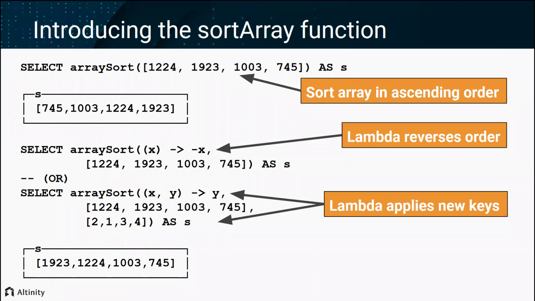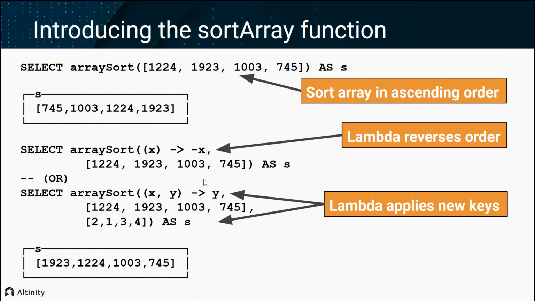We've got the array values here, the departures, but here's a set of keys to tell us how to sort them. So 2, 1, 3, 4. And this is telling us that we want to order them in reverse order. With this lambda, it opens up the possibility to play all kinds of games with what arrays do.